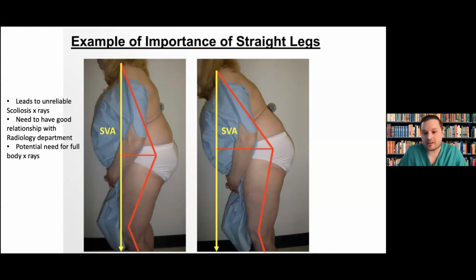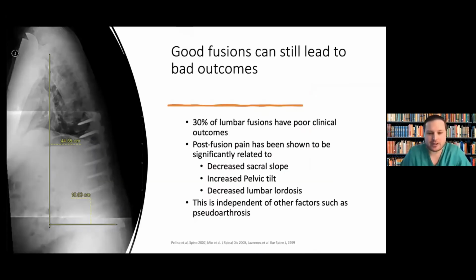And if you're not, then in the comment section of the results, they need to say something along the lines of patient was unable to stand, therefore you know that your scoliosis x-rays are likely unreliable. And I will say that there are options to include full body x-rays that include the feet and legs to be able to evaluate the entire body with surgical planning.